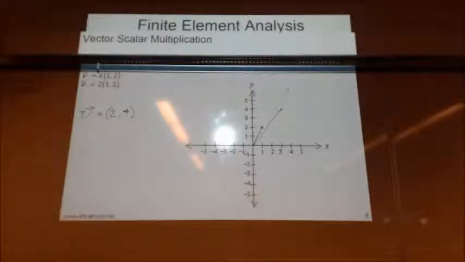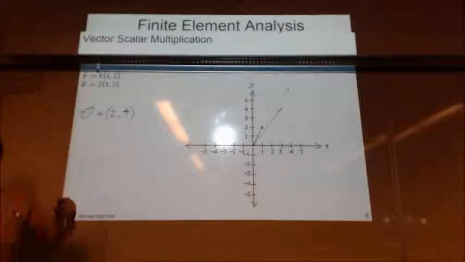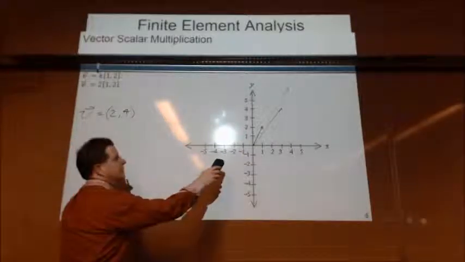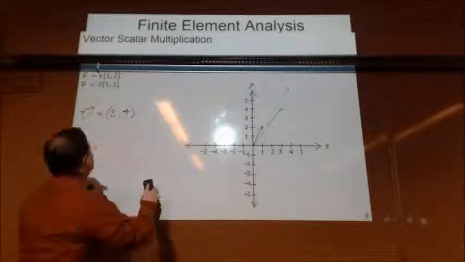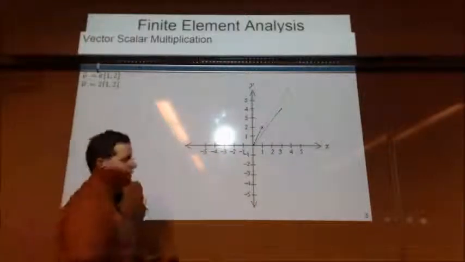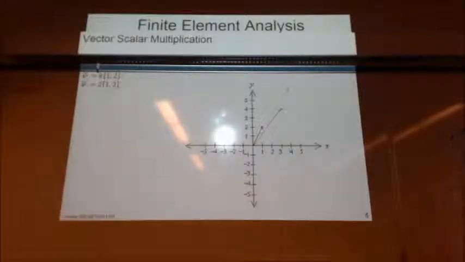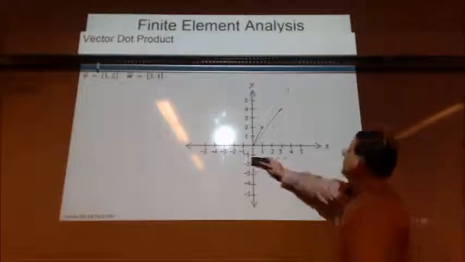So that's my new vector with multiplying it by a scalar. All we're doing is moving up and down that line, right? Okay, so that's vector scalar multiplication.